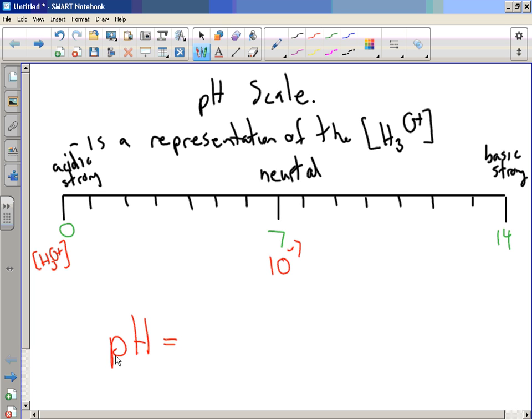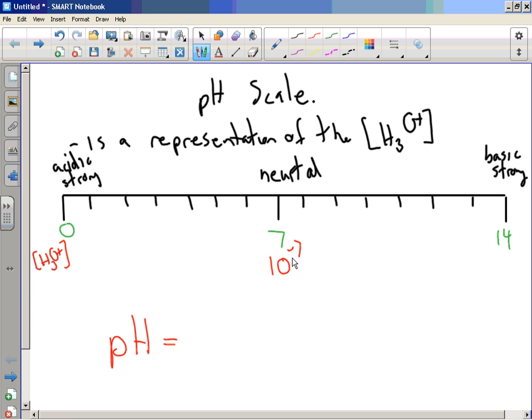The little p, and that's right, I love this lesson because I get to say things like little p and I can giggle. It's fun. That p represents the power or the exponent, the power on the hydrogen ion concentration. So pH stands for the power or exponent that's on the hydronium ion concentration.